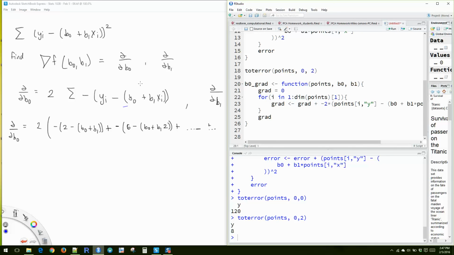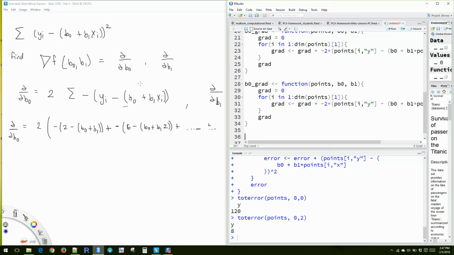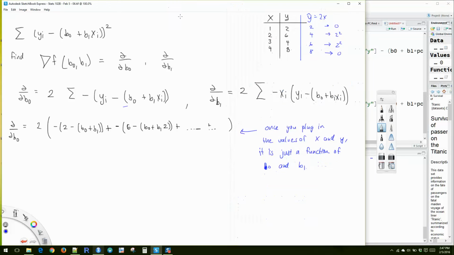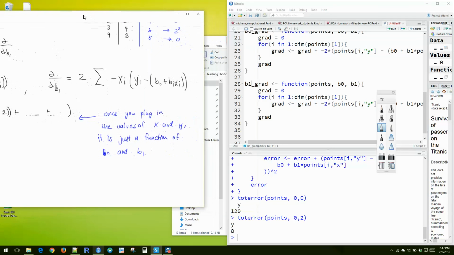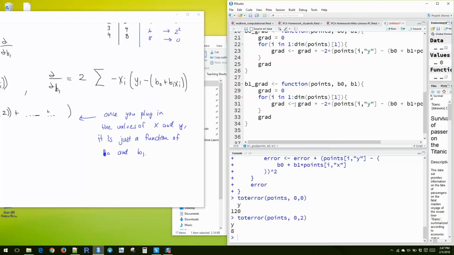Does that seem reasonable? I hope I'm programming this correctly. Okay, and then I think our b1 gradient is quite similar, except our b1 gradient, what does that thing look like? That thing looks like this. So let me just slide this over. Okay, so I want our gradient plus negative 2 times our x sub i.